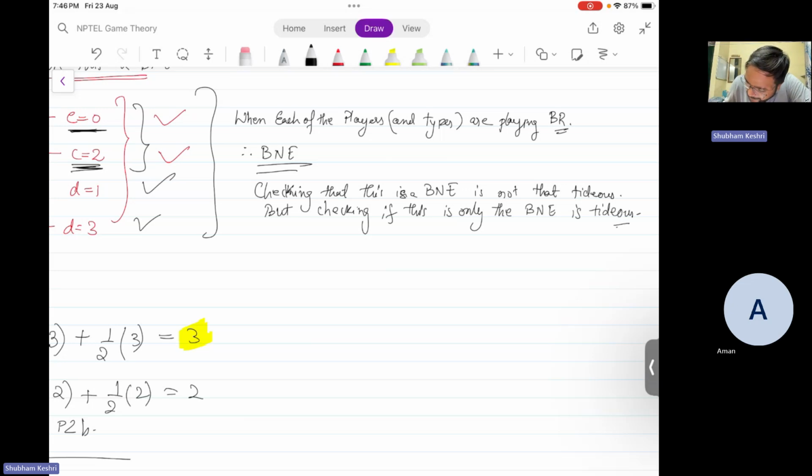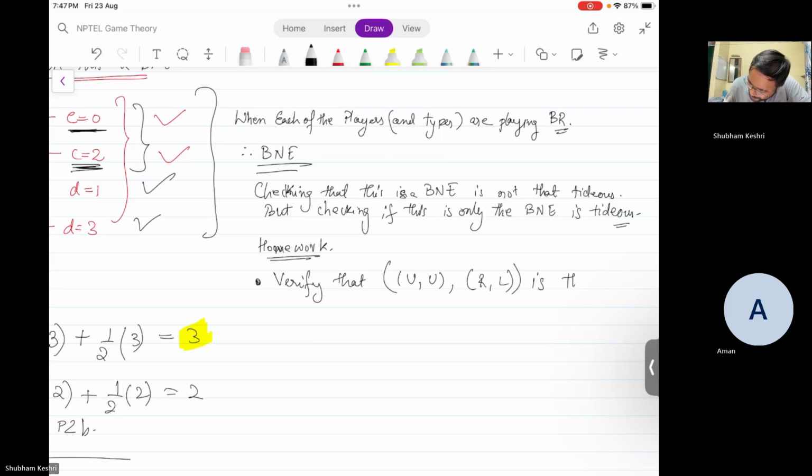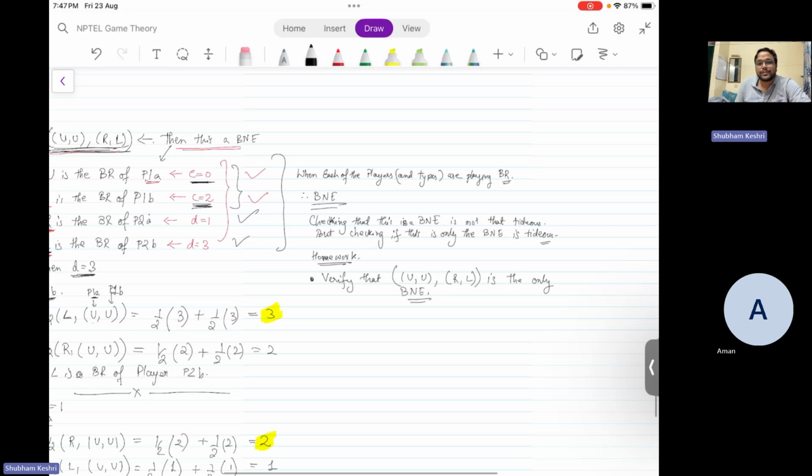It's not difficult, it's tedious. So you can take this as homework: verify that U, U, R, L is the only Bayesian Nash equilibrium. You can just do this and this idea of Bayesian Nash equilibrium will be clear.